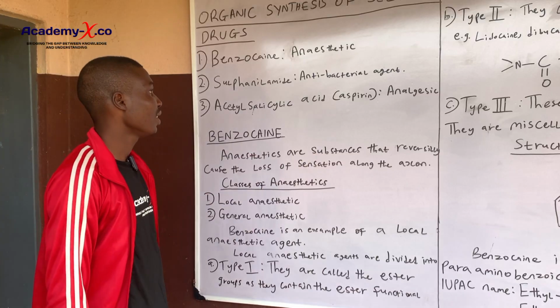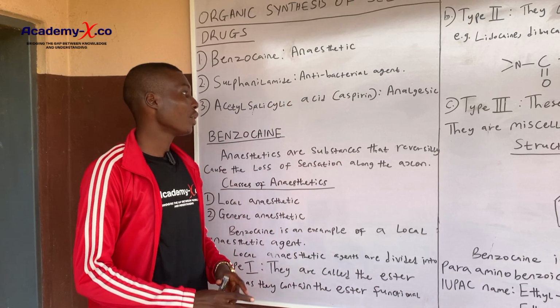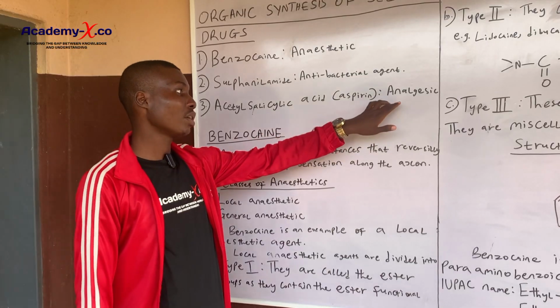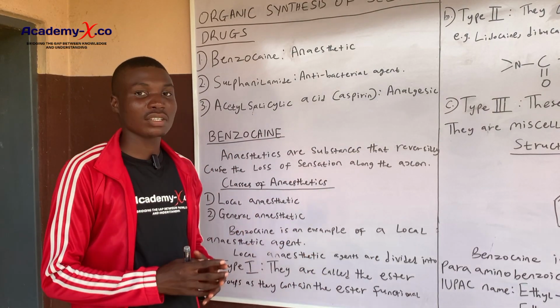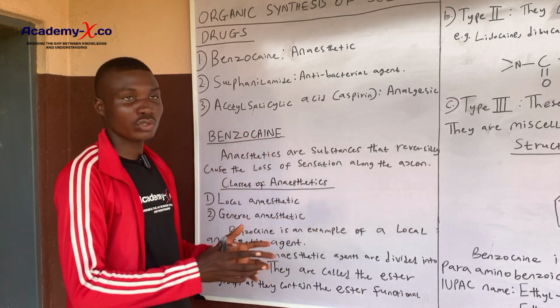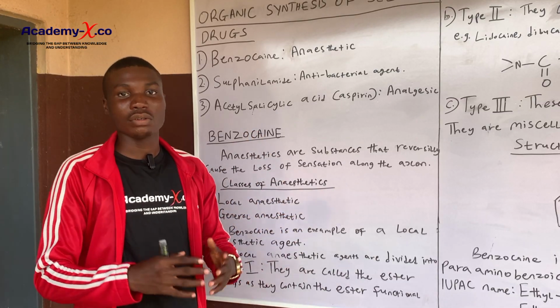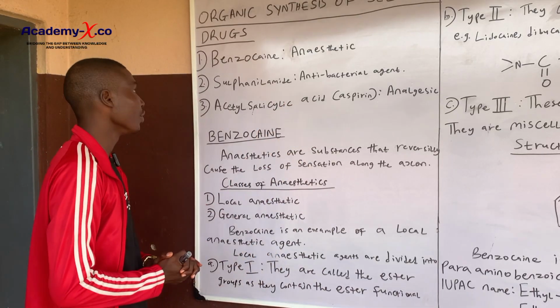Antibacterial agents, like sulfanilamide, are agents that combat bacteria. Analgesic simply refers to an agent used to reduce pain or prevent pain, or give some level of immunity against pain in the body.